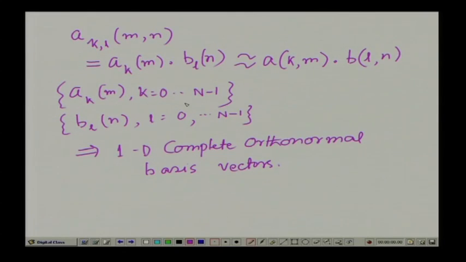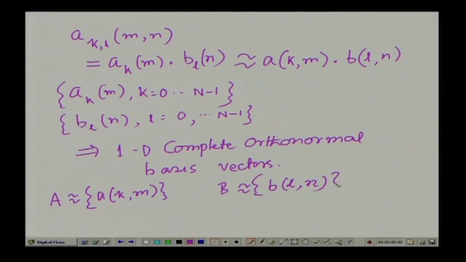Now, if I represent this set of orthonormal basis vectors, both A(k,m) and B(l,n), in the form of matrices, that is, we represent A(k,m) as matrix A, and similarly B(l,n) as matrix B, then both A and B themselves should be unitary matrices.